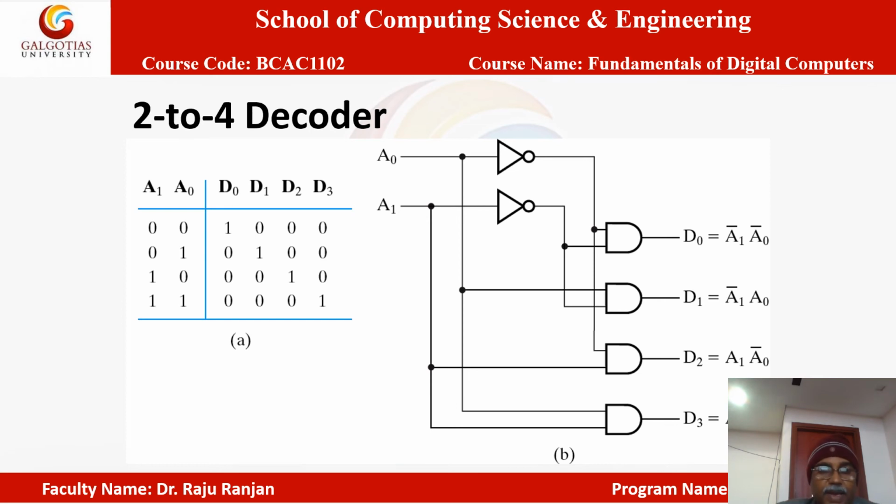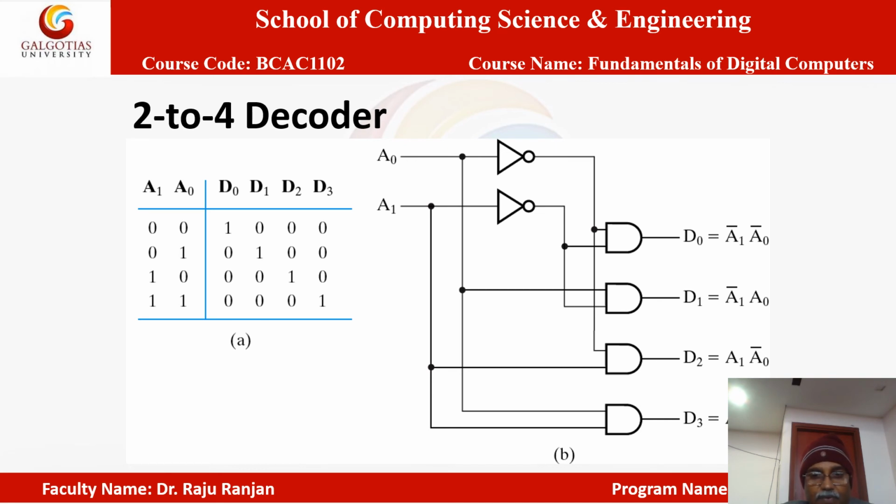When the input is 0 0, meaning A0 equal to 0 and A1 equal to 0, both inputs are 0. The inverter circuits change both inputs to their complement, so both 0s become 1 after passing through the inverters. These inputs are fed into the first AND gate, which receives 1 from this line and 1 from this line.